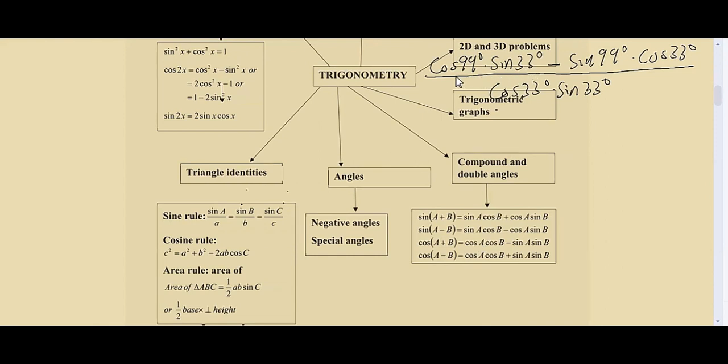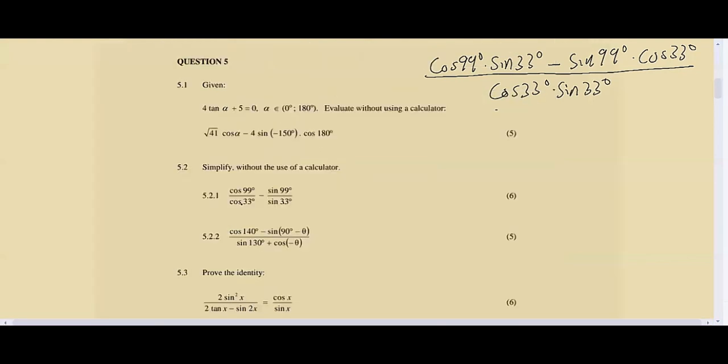You can say sine 33 cos 99, and also rearrange cos 33 sine 99. So it looks exactly like that one if you do that. So this will be sine 33 cos 99 minus cos 33 sine 99.